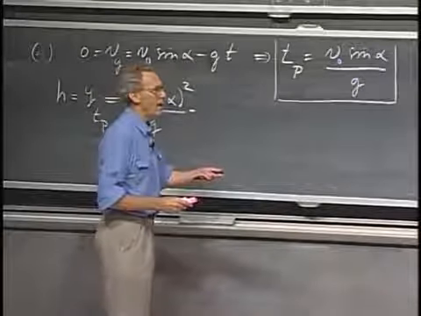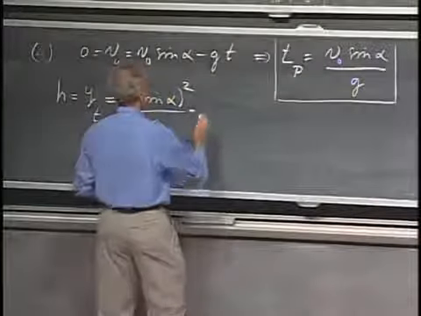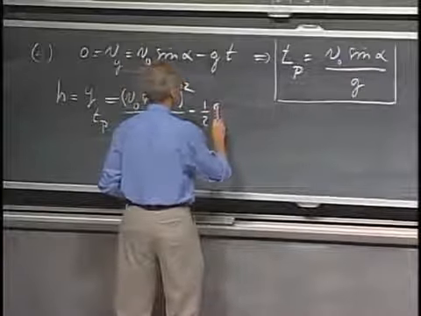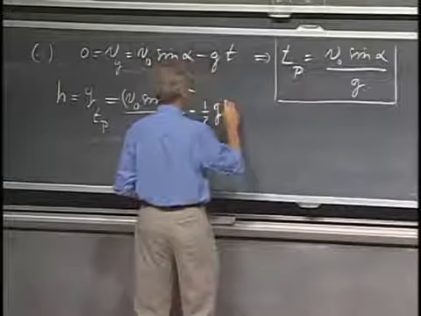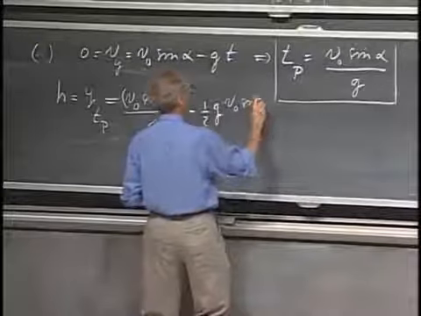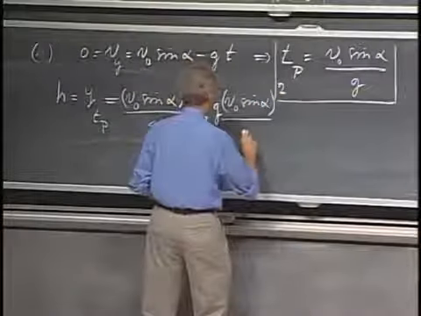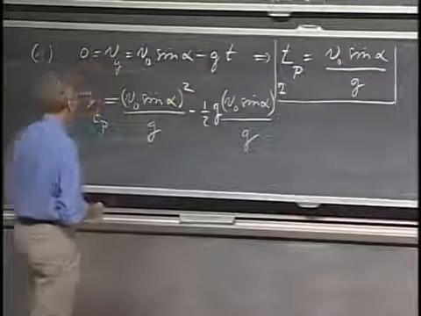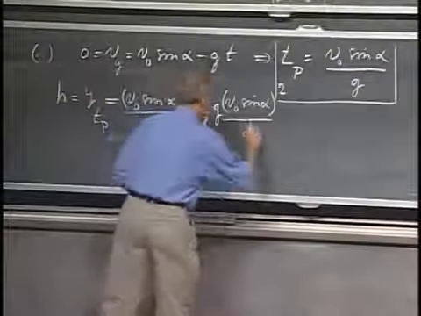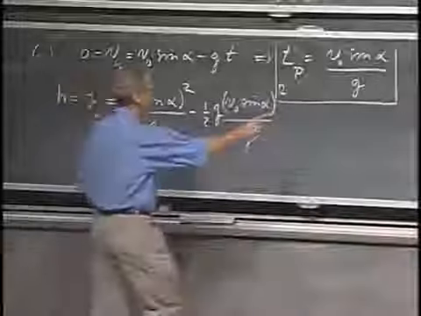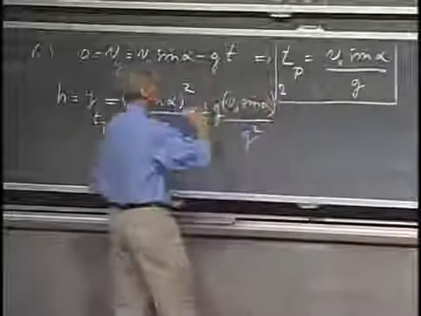This equation, minus half g t squared, minus 1/2 g times this one squared, which is v0 sine alpha divided by g squared. Of course, there's a g here, so you square the whole thing, it is t squared.